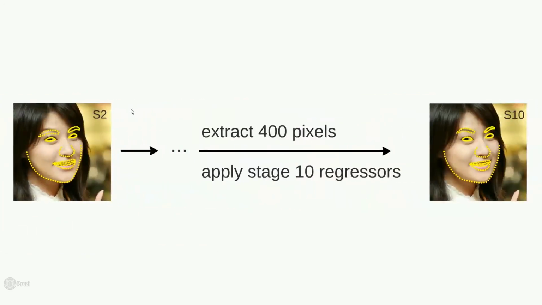And then for the next stage, again, this process is repeated. Another 400 different pixels are extracted, and the stage 3 regressors are applied, and then stage 4, stage 5, and so on. Until stage 10, we will get the shape like this. Now this is much more ideal and closer to the desired result.